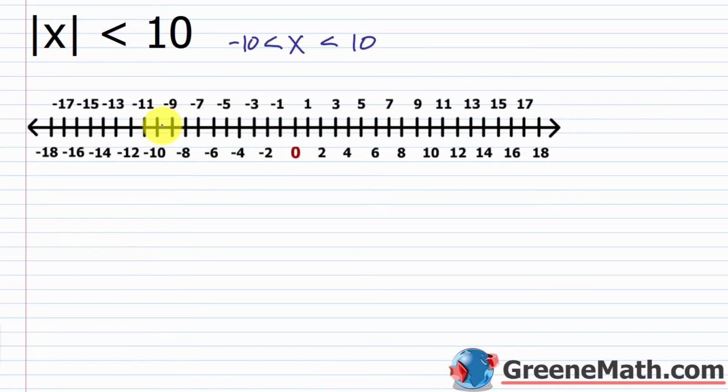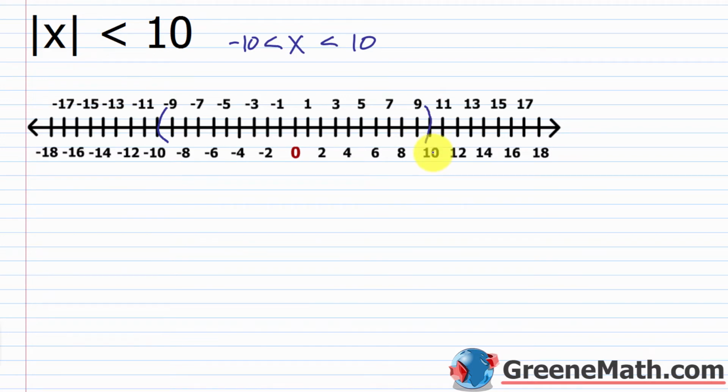Well, I would go to -10, and I would put a parenthesis facing to the right, okay, because anything that is -10 or further to the left wouldn't work. Their absolute value or their distance from 0 is 10 units or larger. I'm looking for less than 10. So also going this direction, I would stop at 10. I'd put a parenthesis there facing to the left.